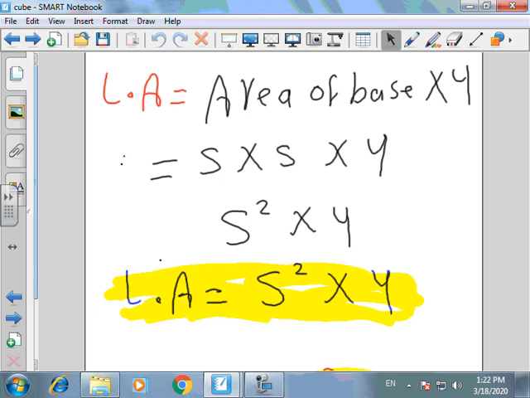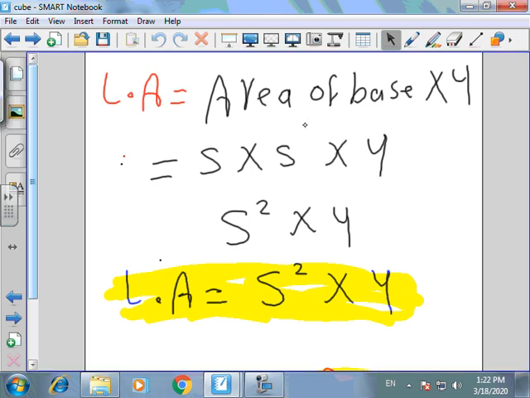So first we have to get the first wall's area, which is the area of the base, for example, times 4. Why times 4? Because we have 4 walls in the room, same as the cube.